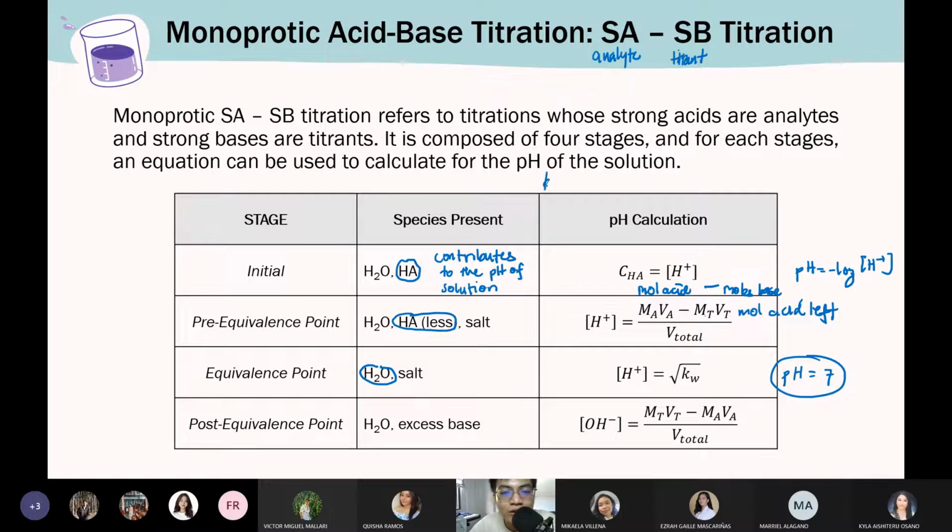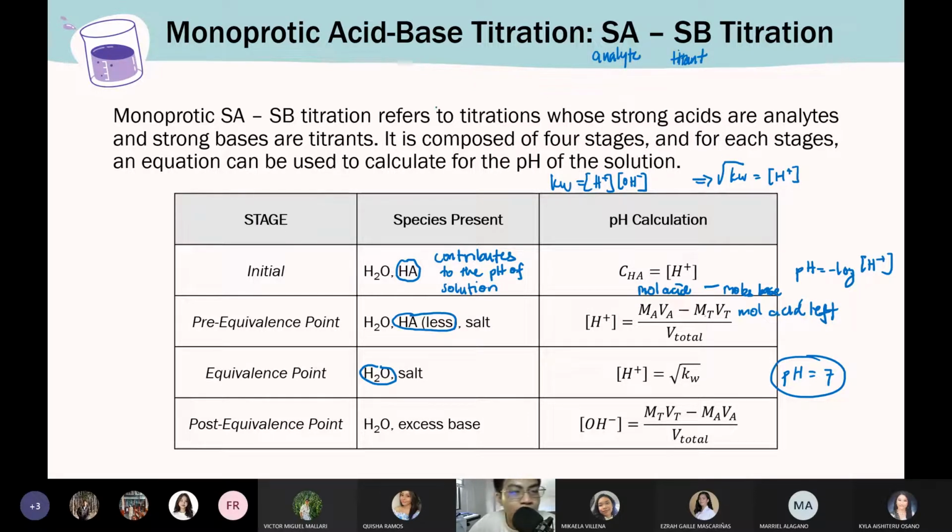Remember your ion product of water. Okay. Kw equals H plus OH. In water, the concentration of H plus and OH are the same. So, meaning, pwede natin yung ma-simplify as Kw equals H plus squared. Kasi water lang yan eh. Na? So, ibig sabihin, same sila ng concentration ng H plus pati OH. So, to get the concentration of H plus, you just need to get the square root of Kw.